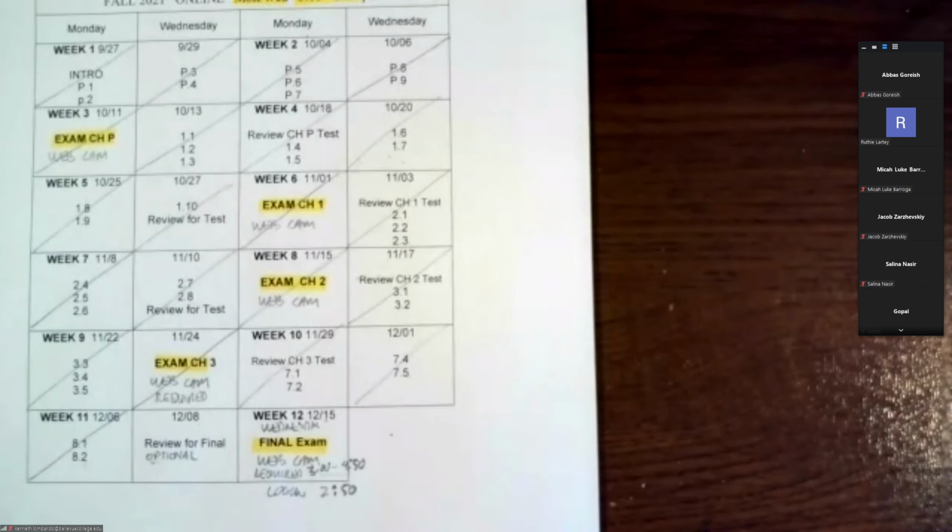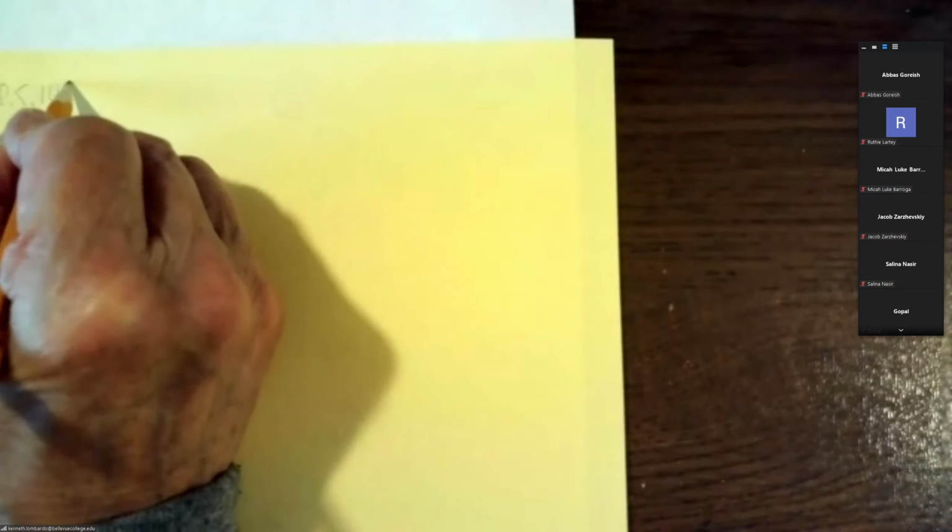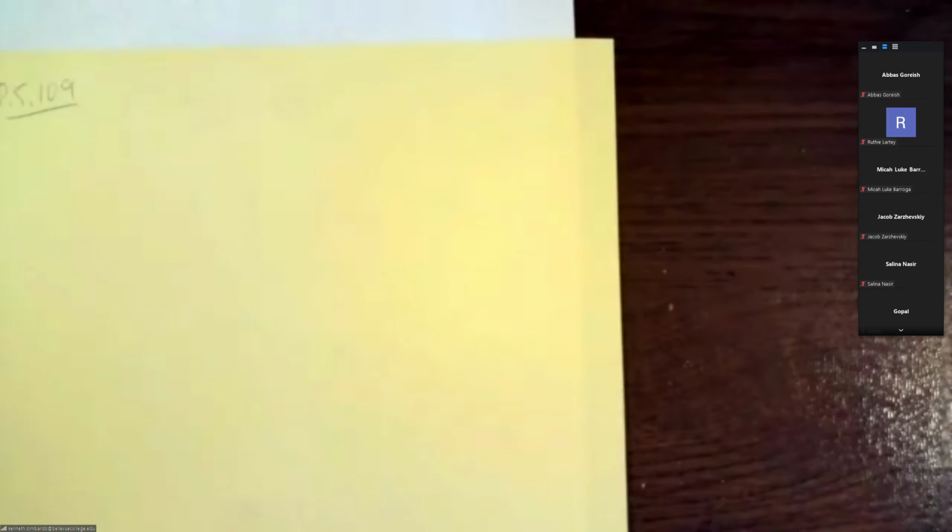Can we go over 109 in the same P.5? P.5 109. Let's take a look what that says. P.5 109. See if we can see what that looks like.